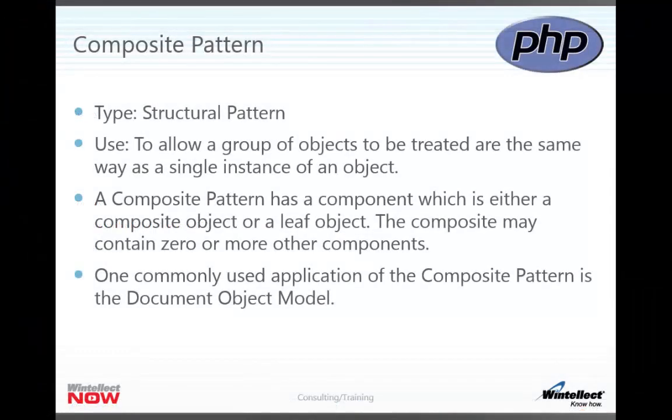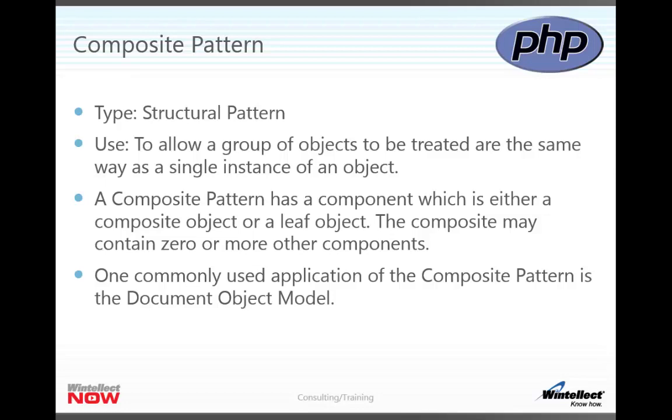The next structural pattern I want to talk about is the composite pattern. Now this pattern is used to allow groups of objects to be treated the same way as a single instance of an object. Effectively, with a composite pattern, what you have is a tree-like structure, and the tree-like structure has composite objects which have zero or more other objects attached to them, and then leaf objects, which are just single instances of a particular object.